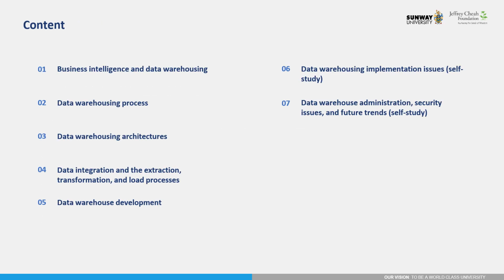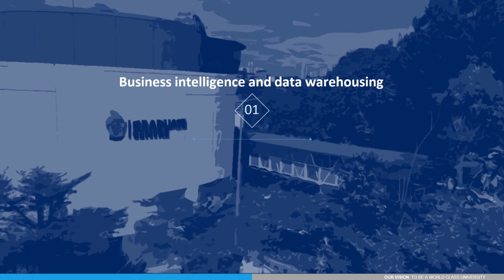Today we have contents like BI and data warehouses, data warehouse process, transformation and the load process, data warehouse development, and also implementation issues. At the last, we learn about the security issues and future trends.